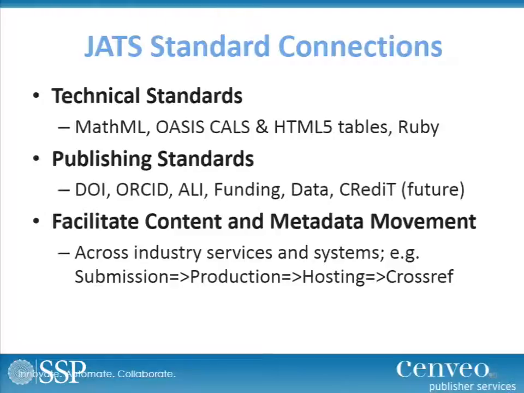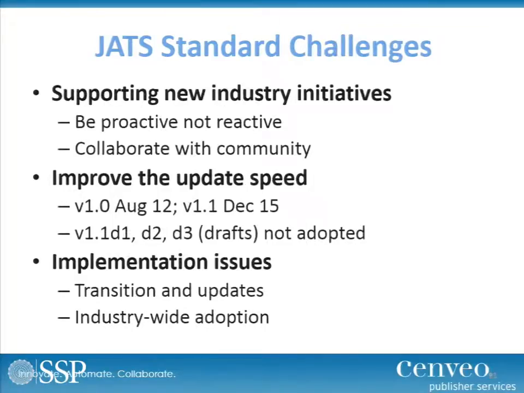Some of the challenges of JATS as a project over the years has been in supporting new industry initiatives embedded in the article. Originally, JATS was based on current publisher practices rather than creating new functionality from scratch.